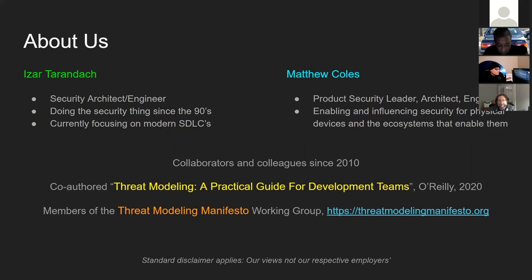And I'm Izar, and I've been doing this security thing for apparently a long time. Done the architect bit, the engineer bit, and now I am focusing on modern SDLCs and what we can do to make them easier to use, easier to implement, easier to get results out of.